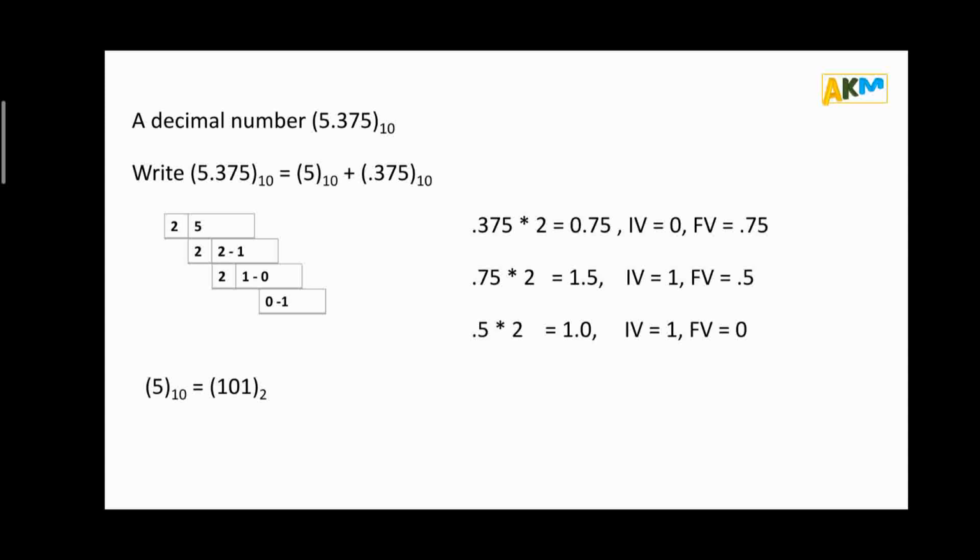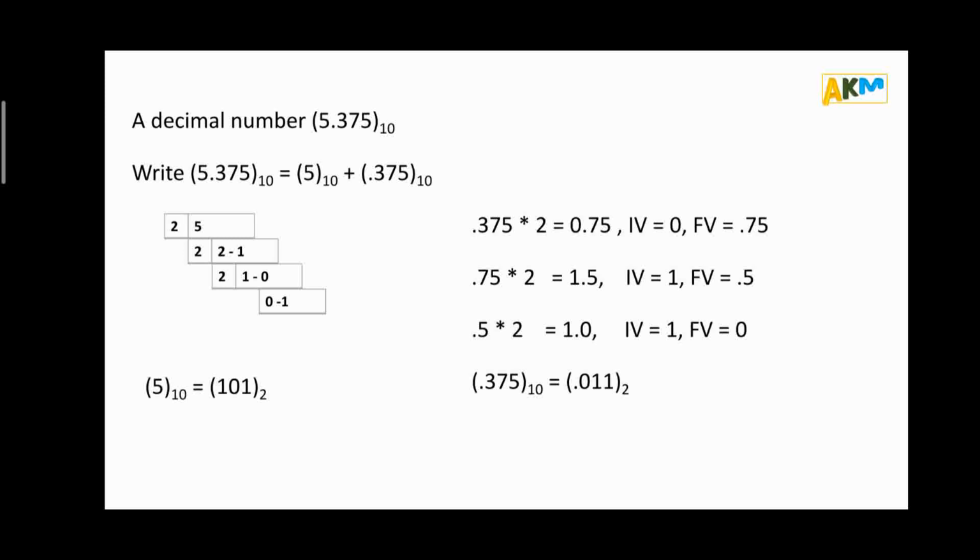So now we know the integral values are 0, 1, 1. So we will put a point before these numbers and arrange them, then it will be the binary number for 0.375. So 0.375 is equal to 0.011. So as we know the conversion of both integral part and fractional part of decimal to binary number, we have got these integral part and fractional part conversions.